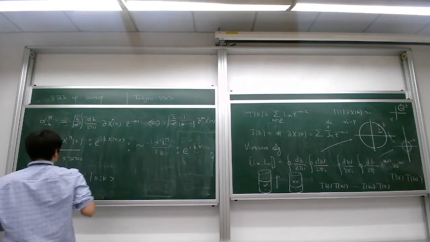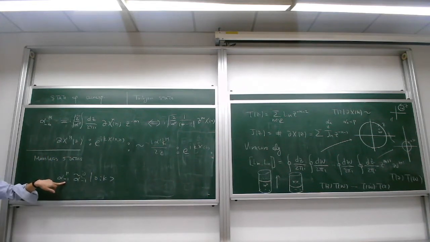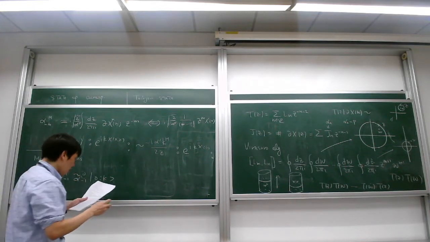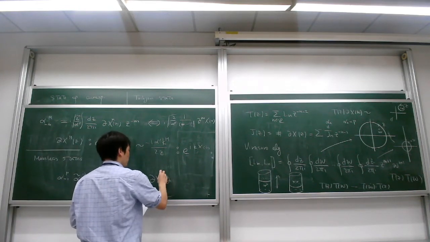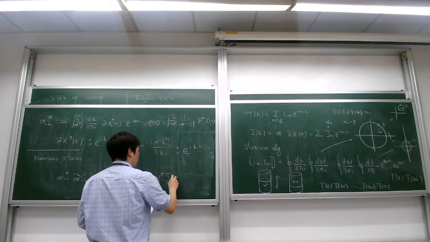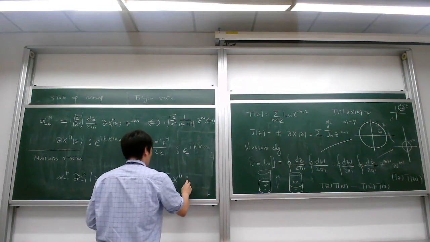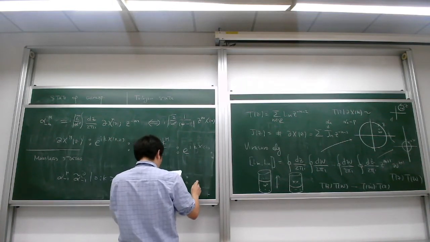And now we want to know what is the corresponding operator for m equal to 1. The m equal to 1 case, the corresponding operator should be partial X^mu, partial bar X^nu, and then that acts on the vacuum state.